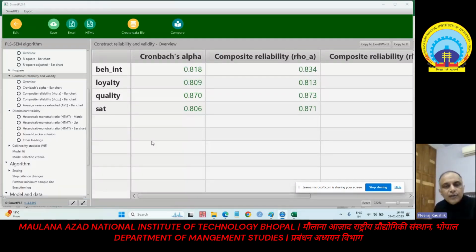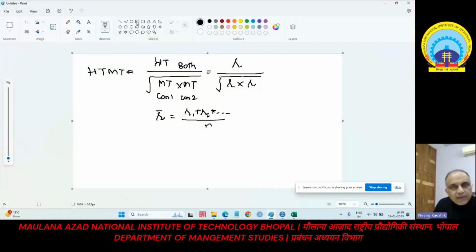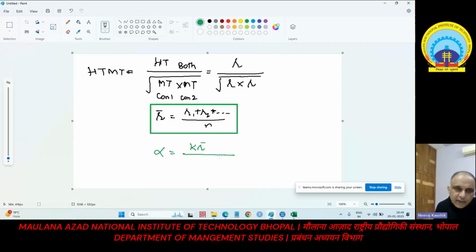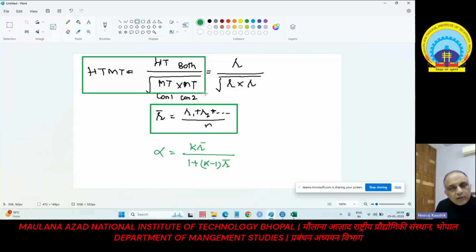Why? Because this R bar, which I am working with here, is the same one used in the calculation of Cronbach alpha. Cronbach alpha is equal to K R bar divided by 1 plus (K minus 1) into R bar. The same MT is used in the HTMT calculation as well as in the Cronbach alpha calculation.